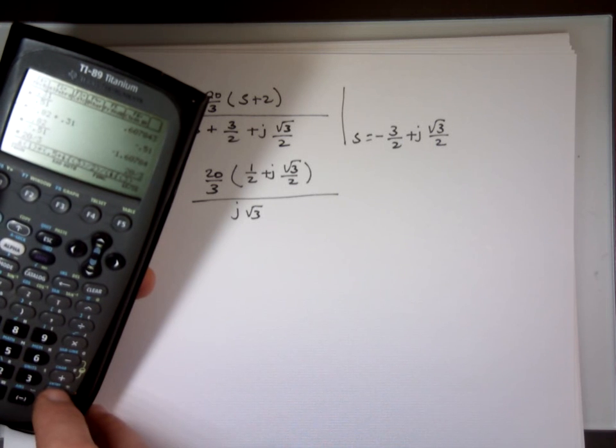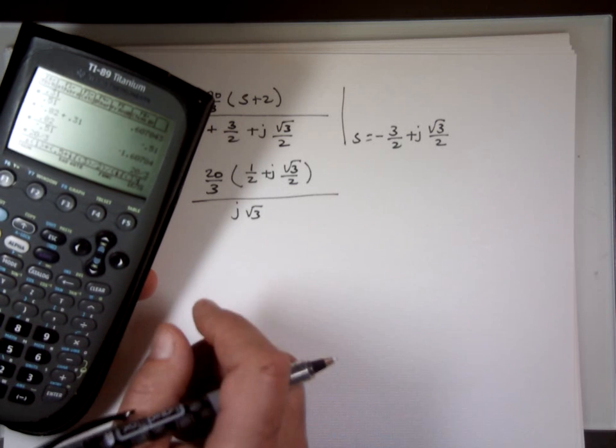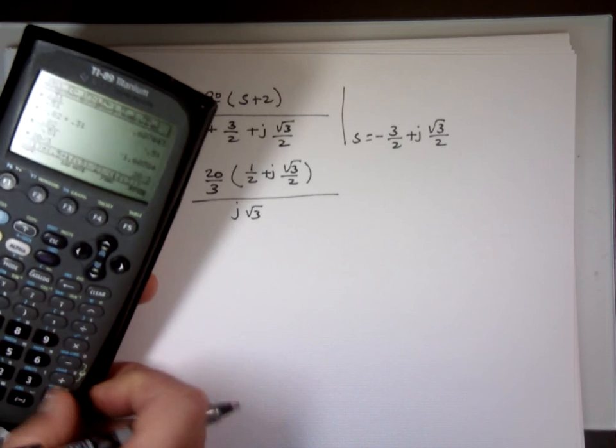I got a syntax error. You gotta add another parentheses. Oh, I got something. I got 3.33 negative 1.92j.